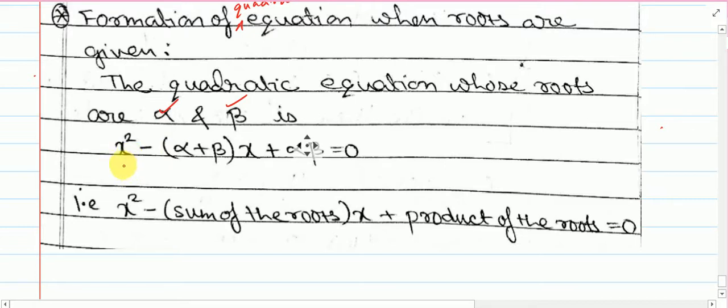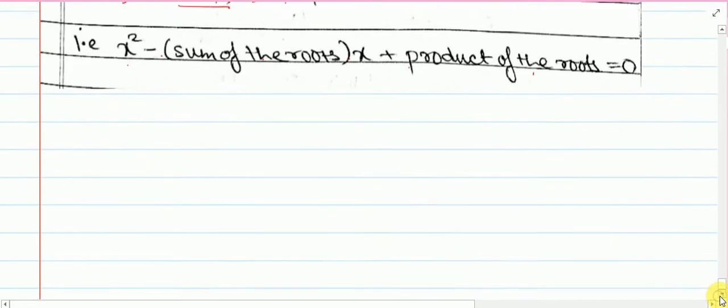Then it will be written as x² - (α + β)x + αβ = 0. It means x² - (sum of the roots)x + product of the roots. I think once we see the example, this will be clear to you.